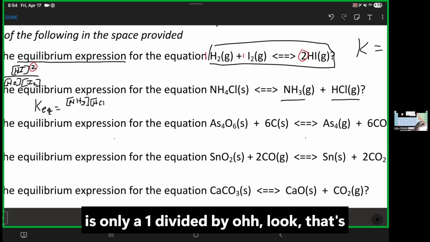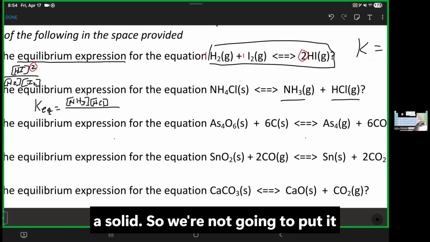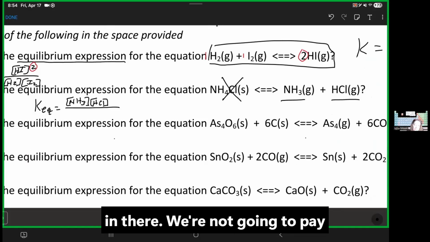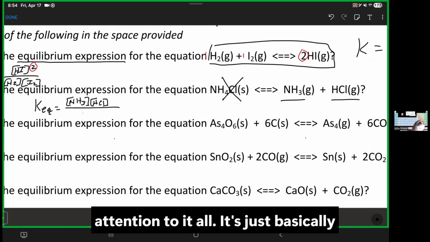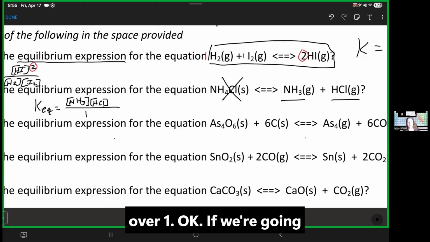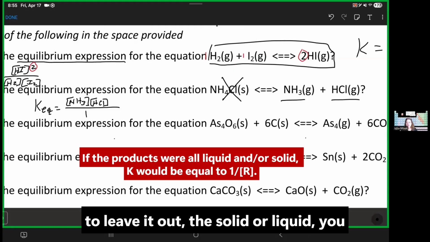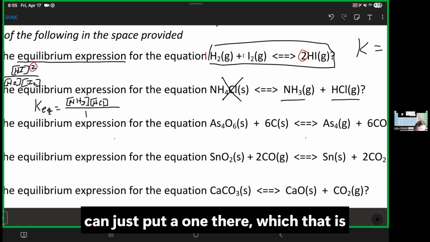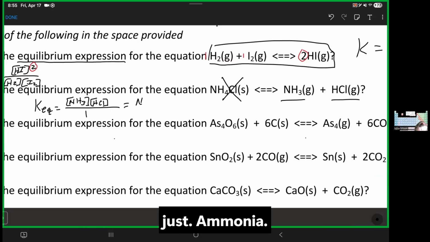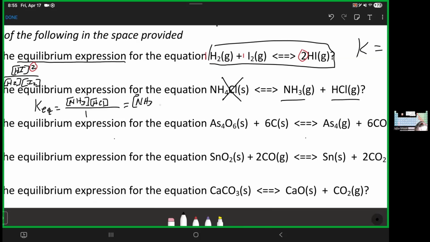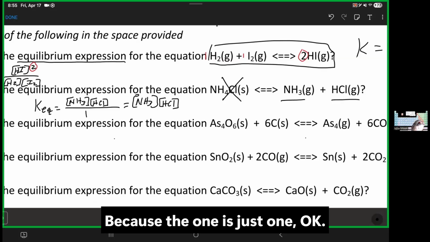My hydrochloric acid is only a 1 divided by, oh, look, that's a solid. So we're not going to put it in there. We're not going to pay attention to it at all. It's just basically over 1. If we're going to leave out the solid or liquid, you can just put a 1 there, which is just ammonia times HCl. Okay, because the 1 is just a 1.